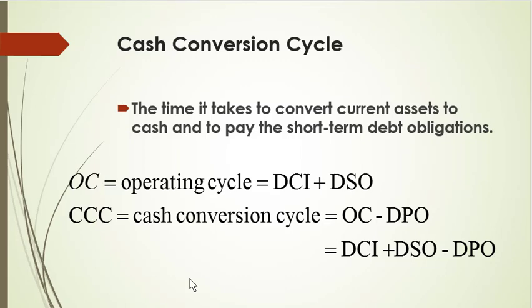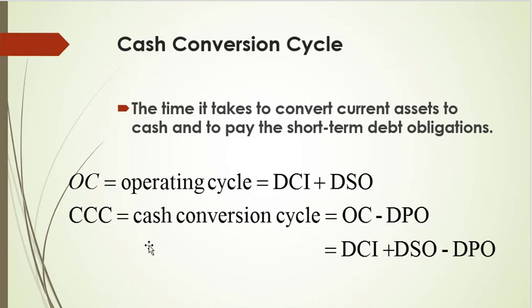We can look a little further and then adjust that number for how long it takes for us to pay our bills. We would like this cash conversion cycle to be as close to zero as we possibly could get it.